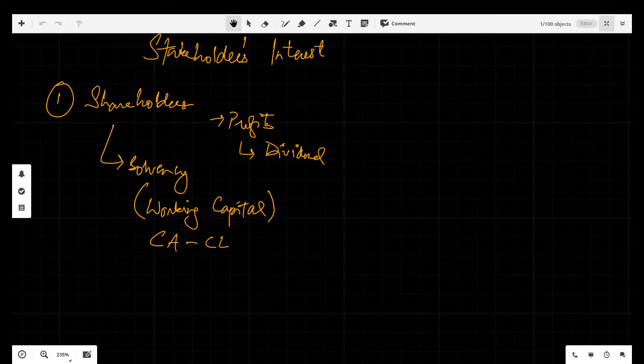Did I tell you this formula before? That's the formula for working capital. Net assets is total assets minus total liabilities. So this is working capital and this is net assets.